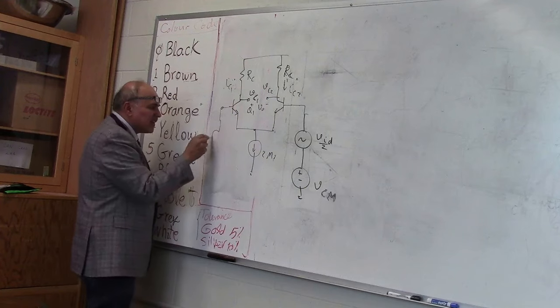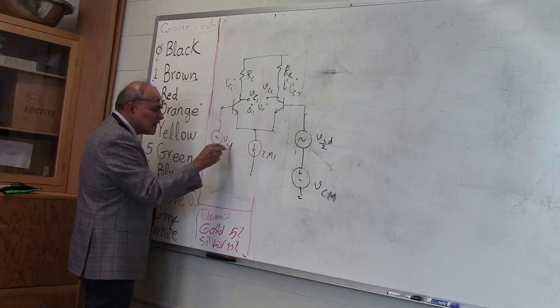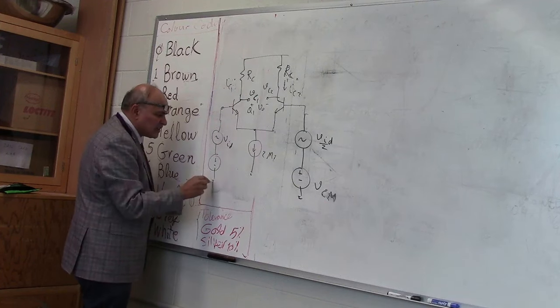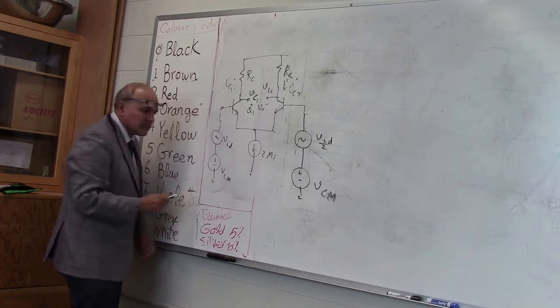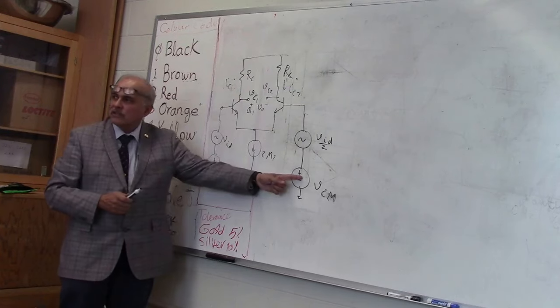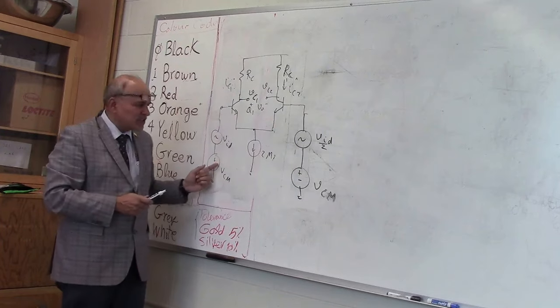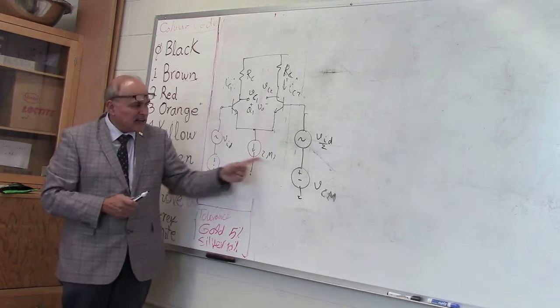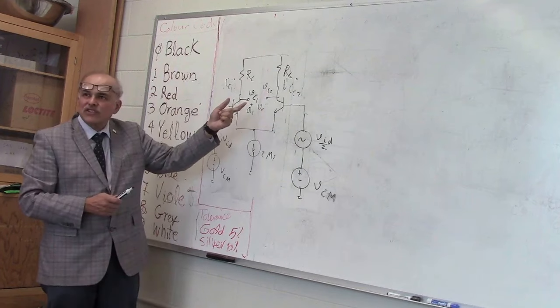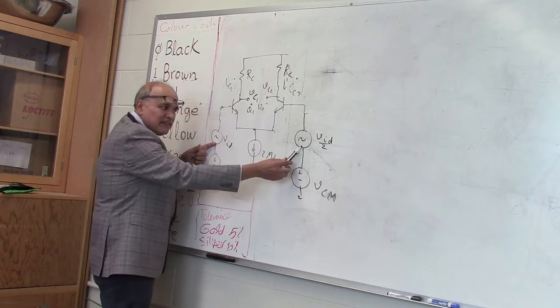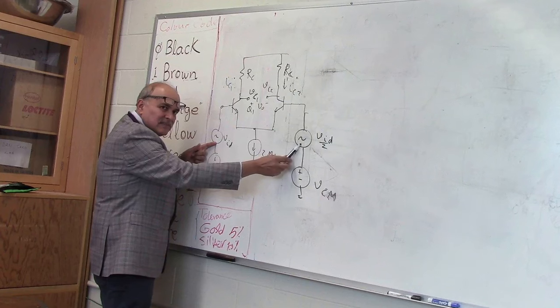So here we have a difference mode voltage and a common mode voltage. Now this is not necessarily a bias voltage. It could be any two voltages that are identical. These two identical voltages together will have no effect on the circuit. The only thing that should have an effect on the circuit is these.